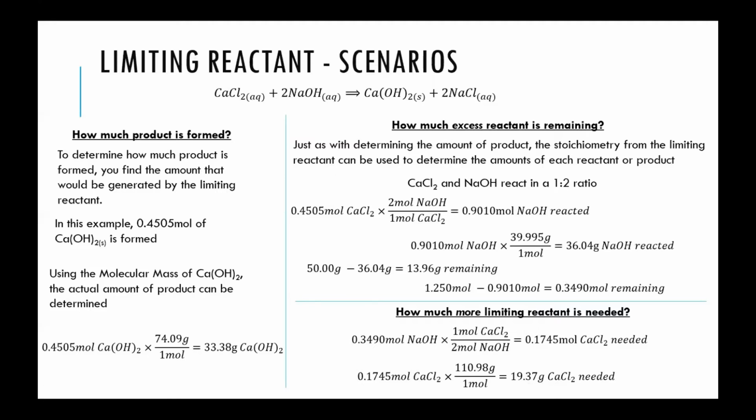So overall, this reaction would be perfectly balanced in theory if you had 50 grams of sodium hydroxide and reacted 50 plus 19.37 grams of calcium chloride. Then it will react in these same ratios.